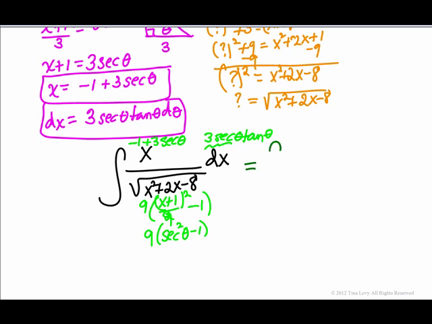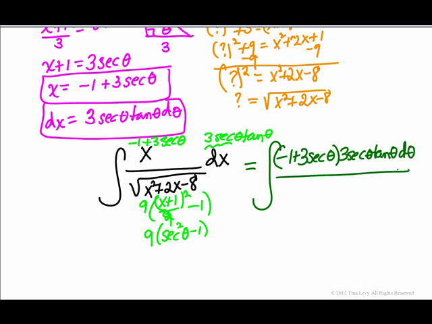This can now be written as negative 1 plus 3 secant theta, and the dx is 3 secant theta tangent theta d theta. And then down here, it's the square root of 9 secant squared theta minus 1.